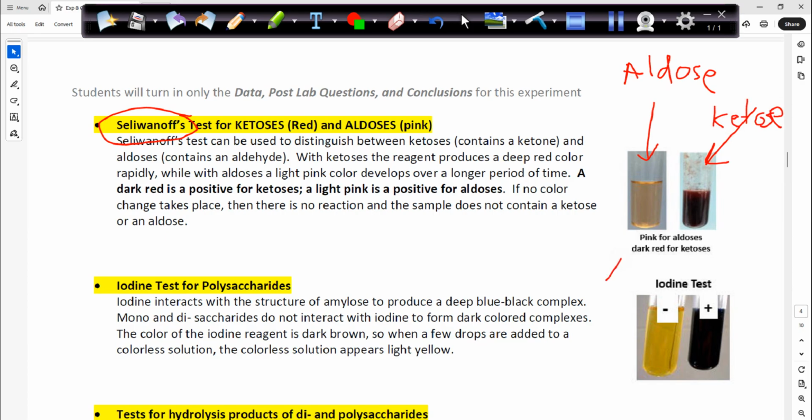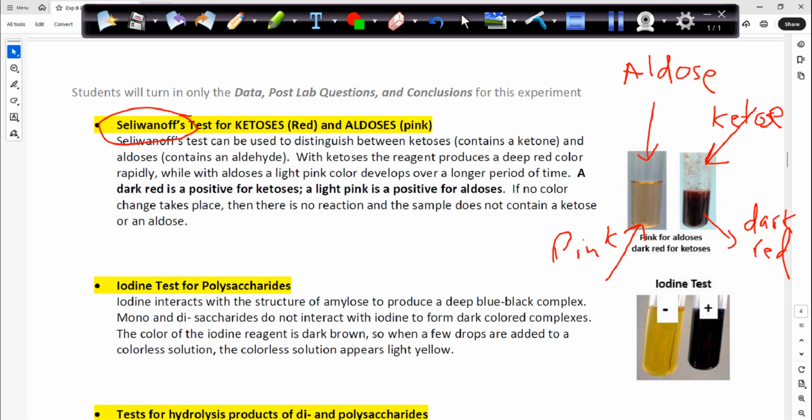This is pink, and this is red, dark red. So we use the Selivanov reagent to specify which is a ketose, coming from a ketone, or which is an aldose, coming from an aldehyde, the sugars, correct? So this is the test.